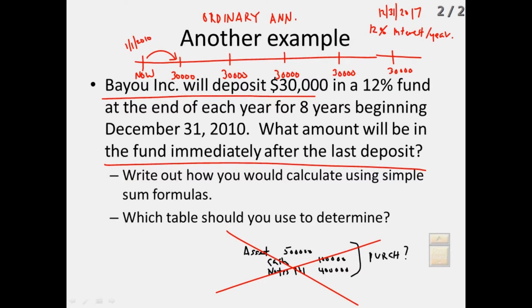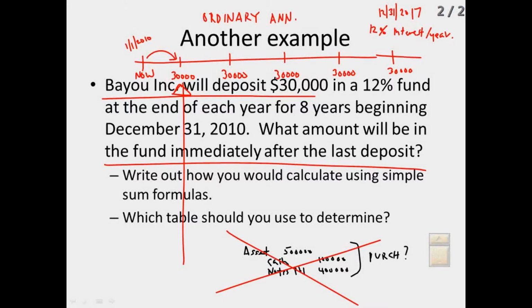Okay, so this is a little bit different from what we had done before. I could tell you, well, if I have $30,000 and I put it in an account for 8 years, I could have told you what that was worth last class, right? Put it in an account, I earn 12%, I just compound it, I take $30,000 times 1.12 raised to the 8, done, right?